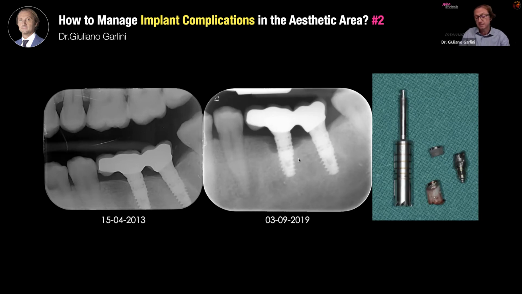So sometimes this kind of situation is related to the fracture of the implant, and so the bone resorption is related to this fracture, not to a peri-implantitis. So this fact is very important, because if you treat this case as a peri-implantitis case, it will never heal. You have to remove the implant.